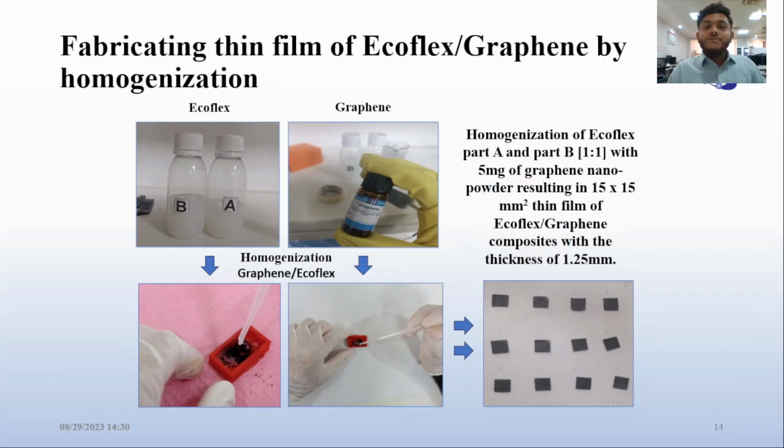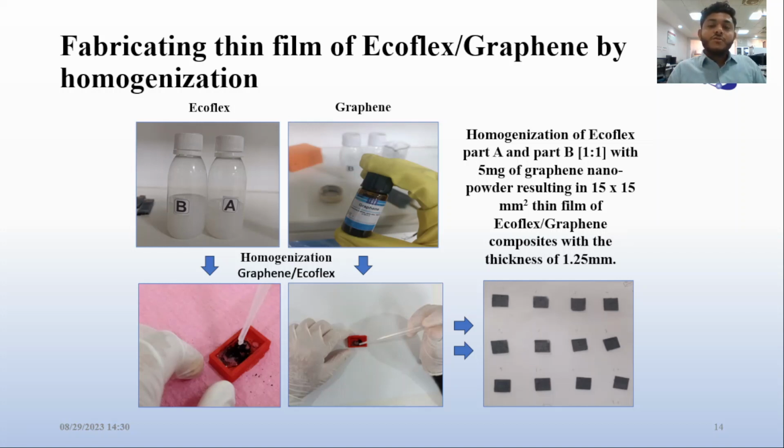So, fabricating thin film of EcoFlex and graphene by homogenization. As you can see, we have used EcoFlex. It comes commercially with two parts, that is part A and part B, and we mix both parts by 1:1, and we have used graphene to prepare the thin film layer.